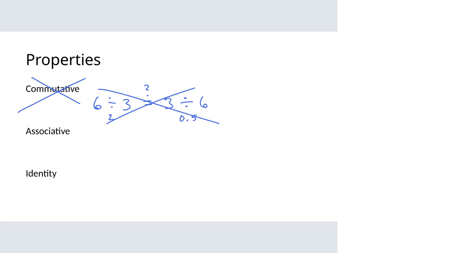All right, well, let's take a look and see if the associative property works. If we wanted to do 10 divided by 5 divided by 2, and associative is about grouping, so we change the grouping here. Keeping in mind that we always do what's in parentheses first, order of operations.